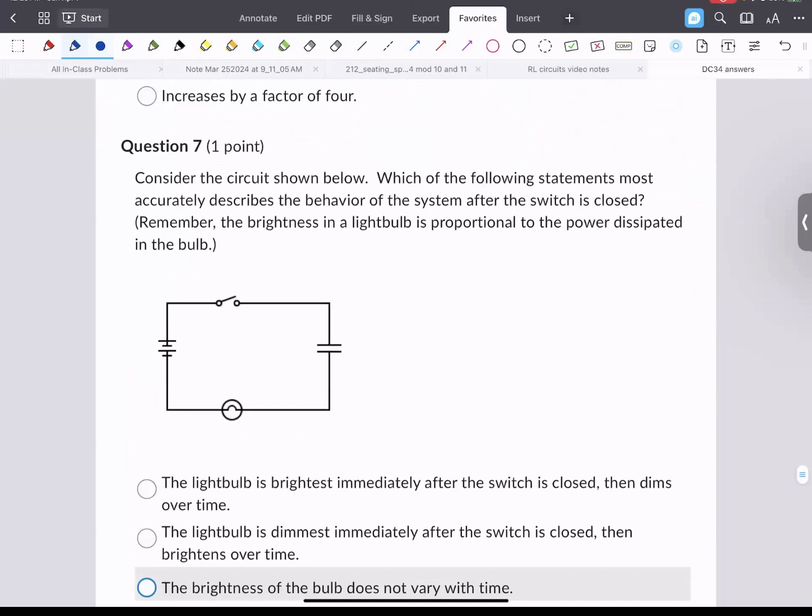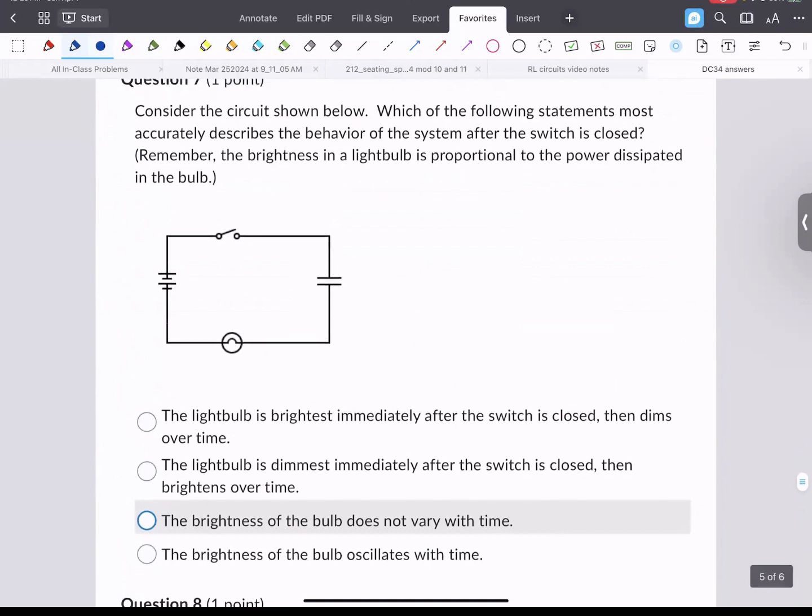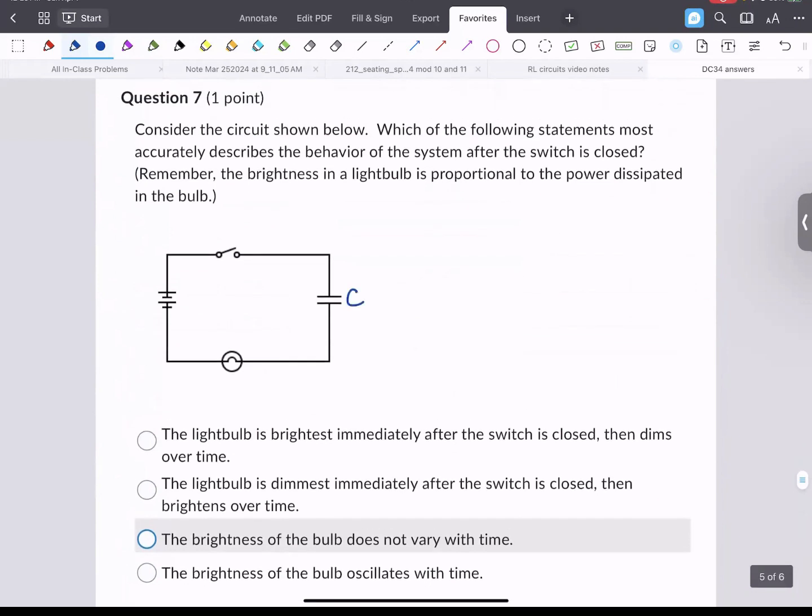Okay. Consider the circuit shown below. Which of the following statements most accurately describes the behavior of the system after the switch is closed? The brightness of a light bulb is proportional to the power through the light bulb. This is a recall question because this is a capacitor and this is my resistor, that light bulb.